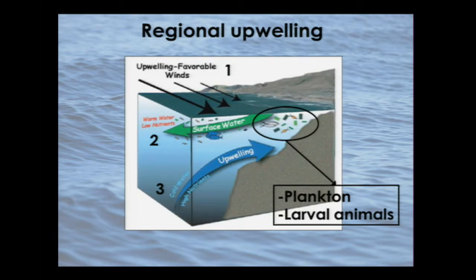That pushes the surface water offshore, and when that happens, cold, nutrient-rich water is brought up from depth. That's what we are referring to as upwelling. This cold, nutrient-rich water is great for phytoplankton and the productivity that happens in the nearshore area.